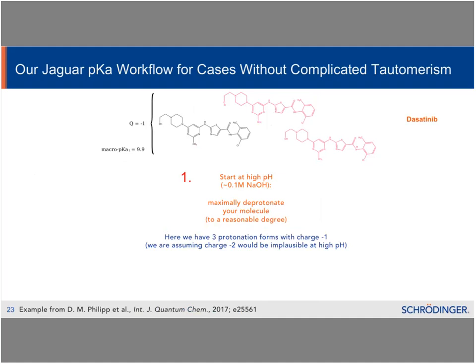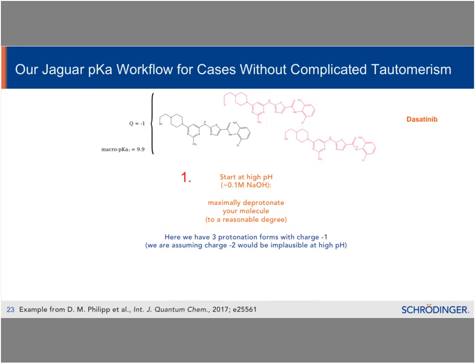And now I'm going to talk about actual pKa predictions for more complicated molecules. And we're going to start with this drug, dasatinib, which contains multiple protonation sites. What we normally do for such molecules, notice that it has all these nitrogens there, we start with a maximally deprotonated structure.